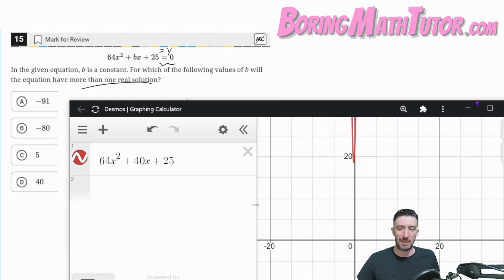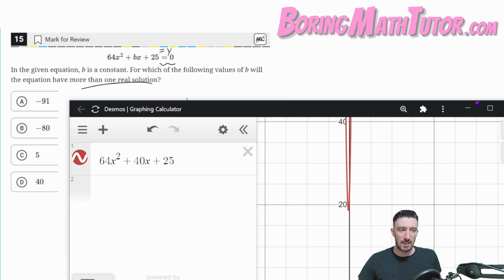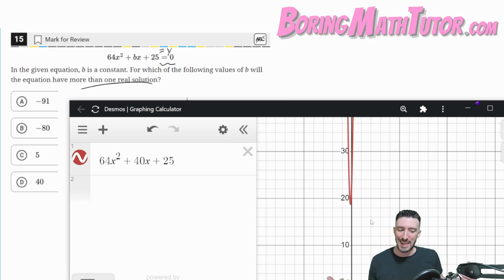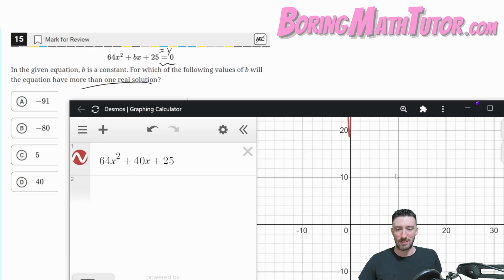So I already plugged in the option of D, where we just use a 40 for B. And I can see that my parabola looks pretty janky. It's not crossing the x-axis, so it doesn't have an x-intercept. Okay, so then we'll try putting a 5 instead of 40.